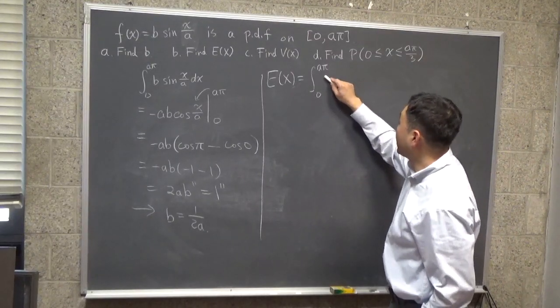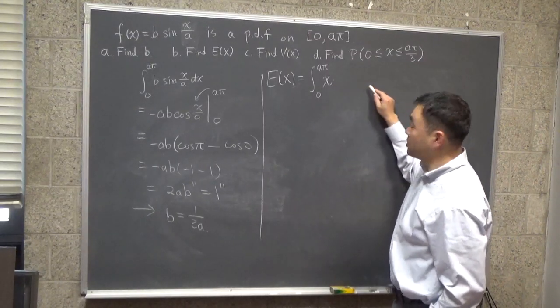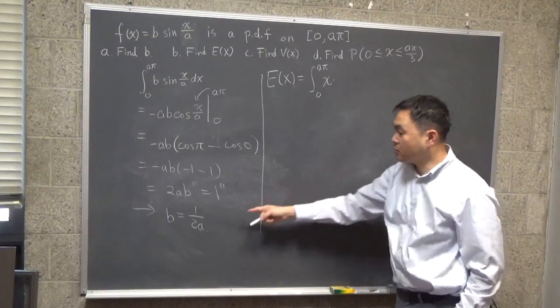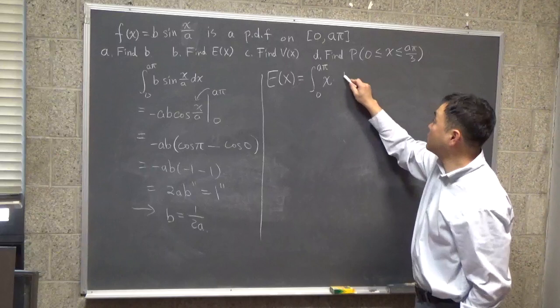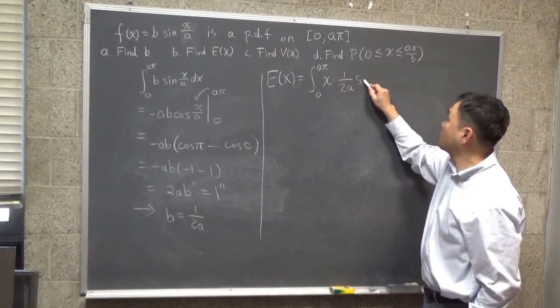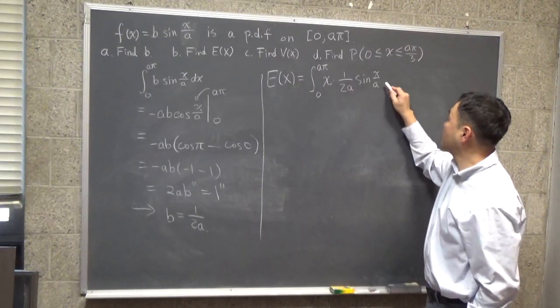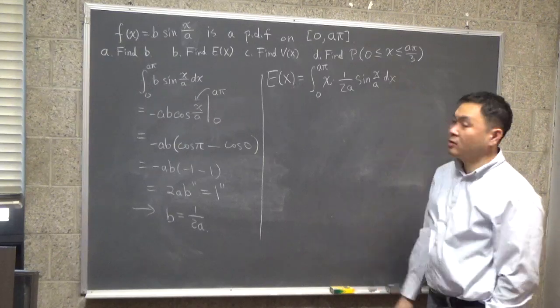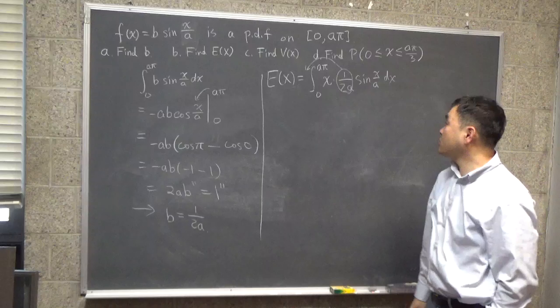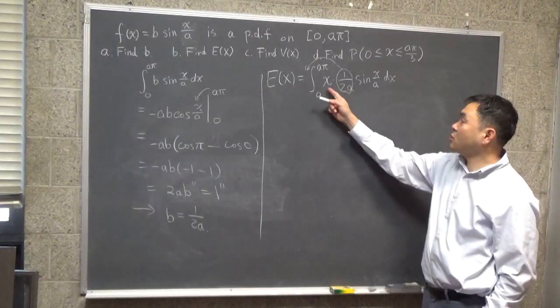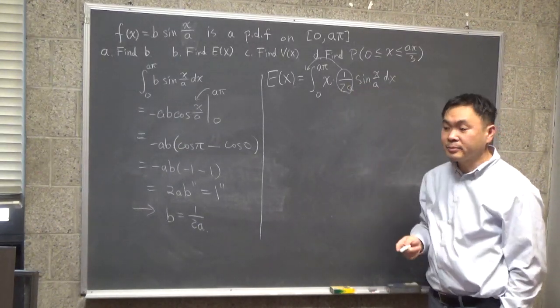So you multiply x by the PDF, and the PDF for us is 1 over 2a times sine x over a. Okay, let's move the 1 over 2a in front because that's just a constant. So you're just integrating x times sine x over a.